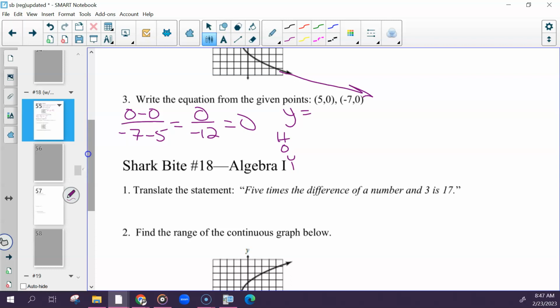It would be a horizontal line. Now you could do the point slope, put in a point, put in your slope, and go forward with that. So I'll show you that, but I'll also show you how you can avoid that. So if I did, let's say I chose this one, y minus 0 equals 0 times x minus 5. This is just going to become y. What's 0 times anything?